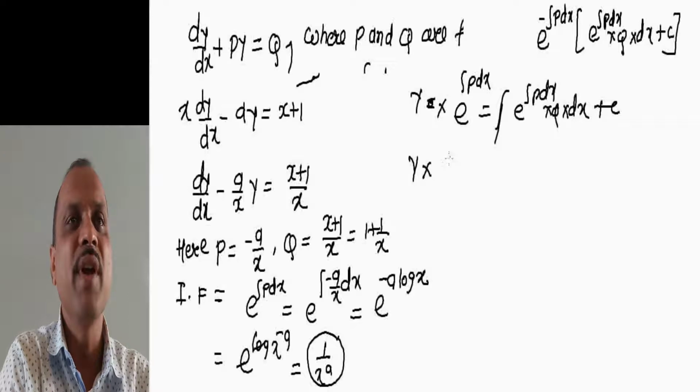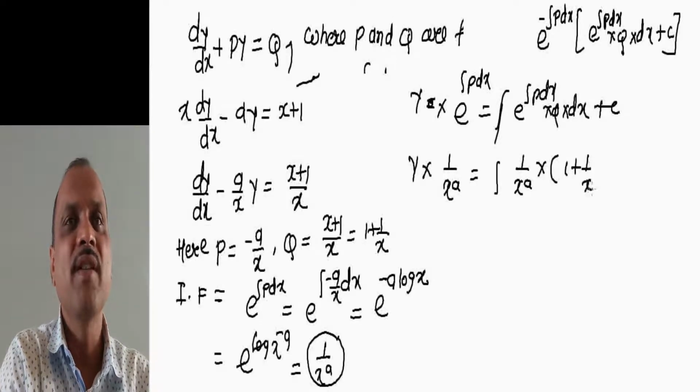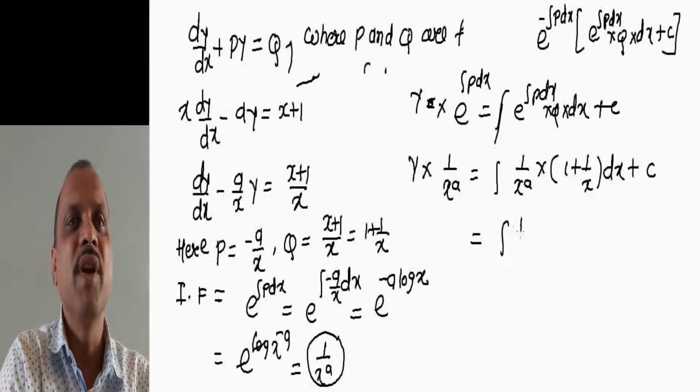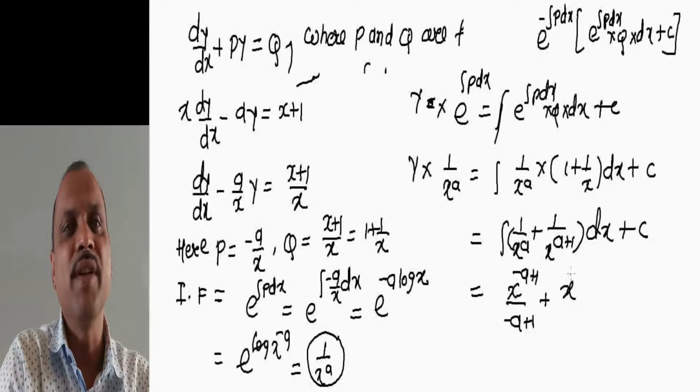So, y into 1 divided by x raised to a equal to integration of 1 divided by x raised to a into this 1 plus 1 divided by x into dx plus c, equal to integration of 1 divided by x raised to a plus 1 divided by x raised to a plus 1 into dx plus c, equal to integration of this: x raised to minus a plus 1 divided by minus a plus 1, plus here x raised to minus a minus 1 plus 1, x raised to minus a divided by minus a, plus c.